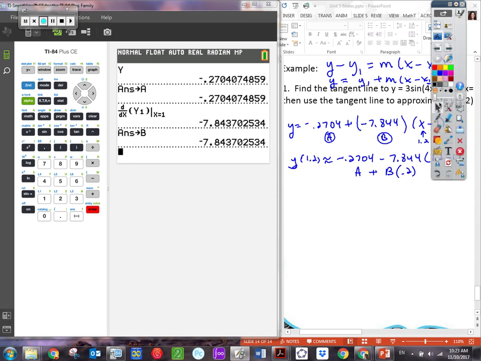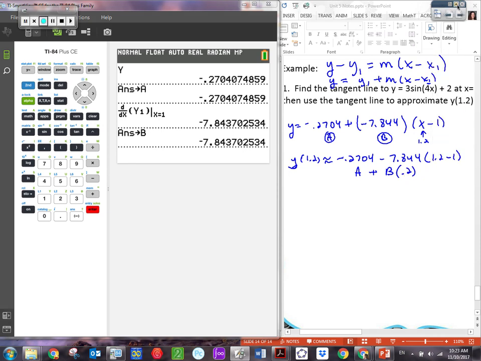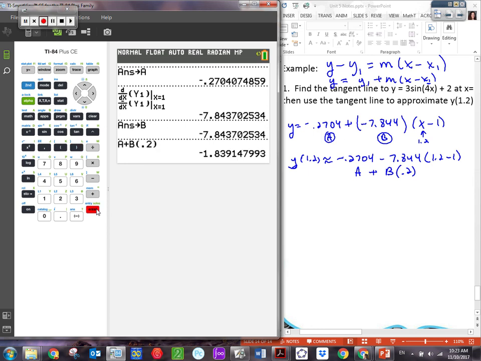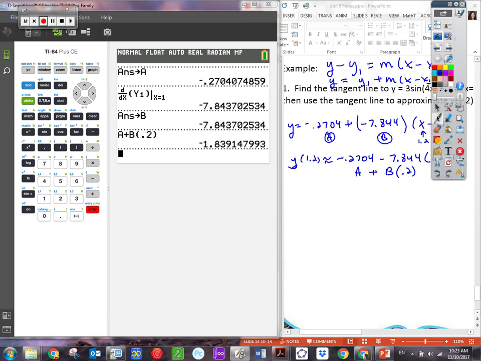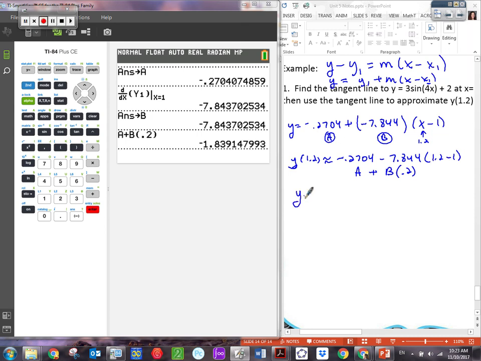So let's go over here to our calculator and do that. So alpha A plus A plus B times 0.2. And that's our approximation. So y of 1.2 is approximately negative 1.839.